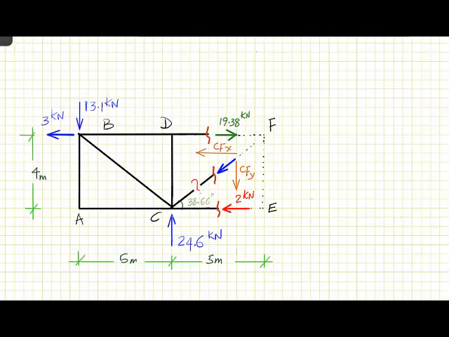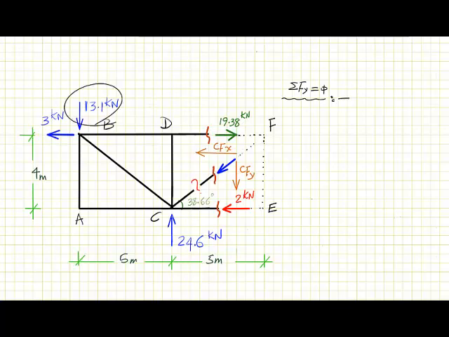Now this one is resolved into x and y, so now we can do either the sum of all forces in x direction equal to 0 or the sum of all forces in y direction equal to 0. The choice is ours. We'll choose the sum of all forces in y direction equal to 0.